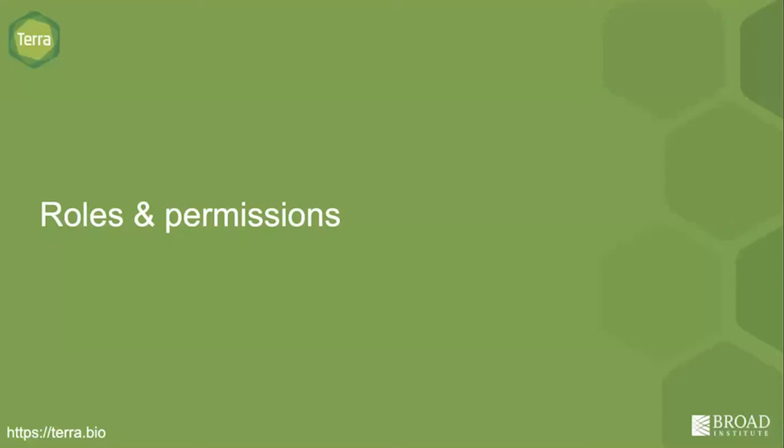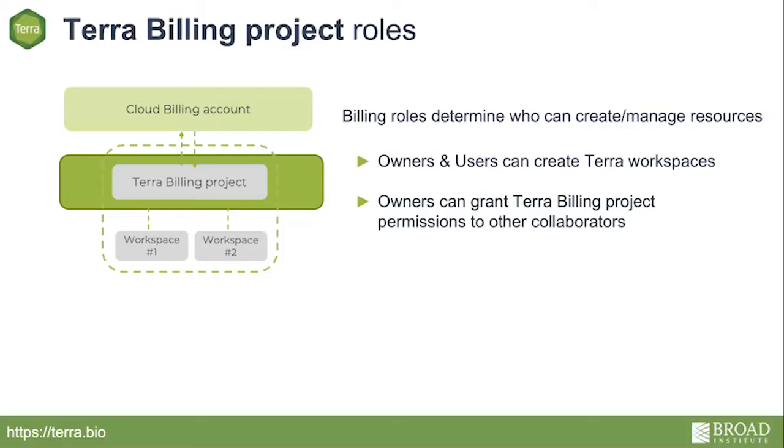Okay, so we're segueing now into roles and permissions, so you can get a sense of how do I control who spends what, where, and how does that all work? For the Terra billing project, there are two main roles when you create one: owners or users.